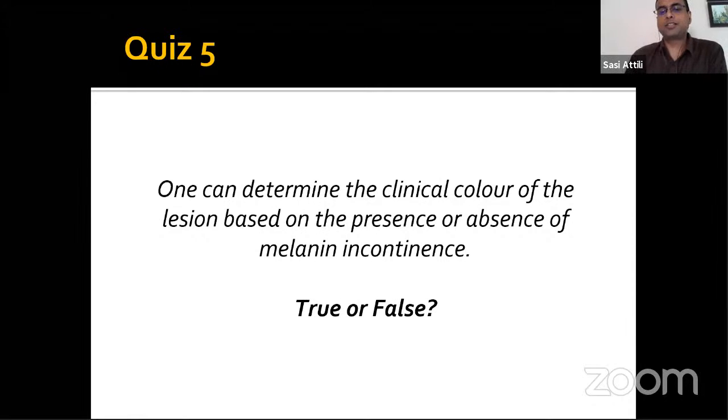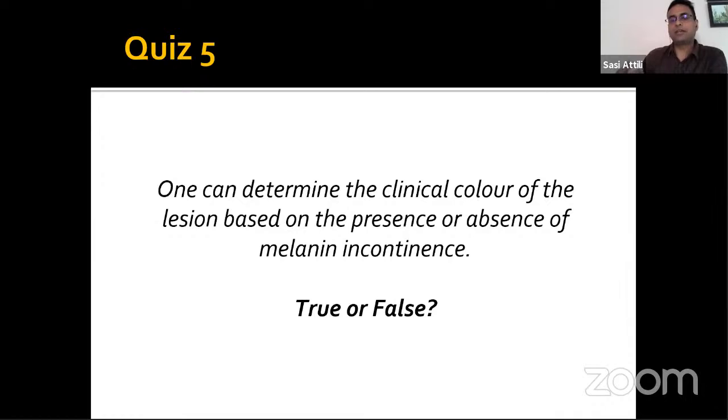It is false because a case of lichen sclerosus, a so-called white depigmenting disease, can have a lot of melanin incontinence, and a case of lichen planus may not show much melanin incontinence in the early phases, though clinically the lesion is quite violaceous. So presence of melanin incontinence alone does not determine clinical color. Atrophy of the epidermis, hypertrophy of the epidermal thickness, the Tyndall effect, the thickness of the dermis itself, these are all determining factors.